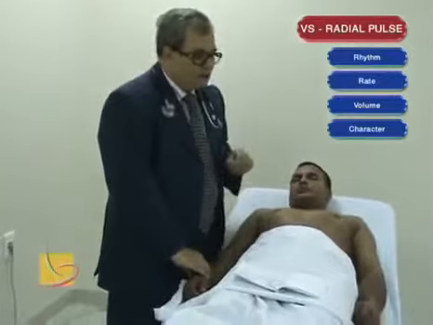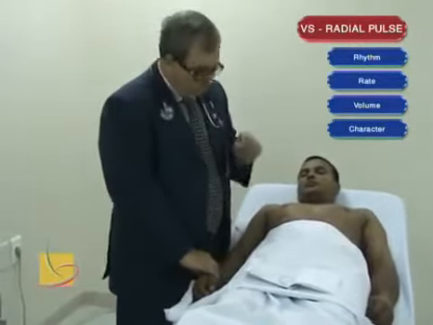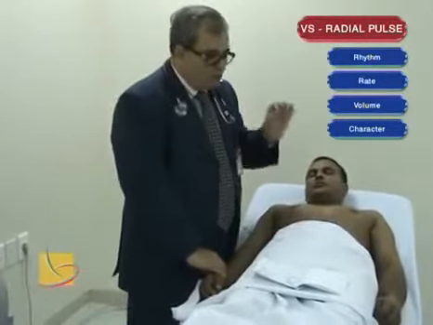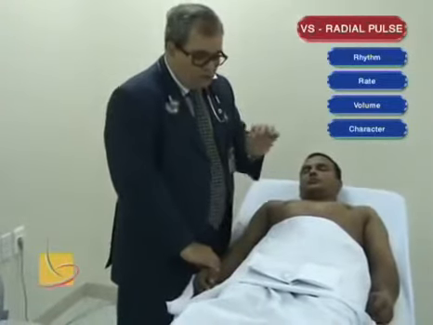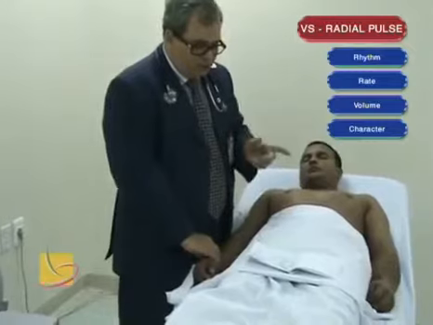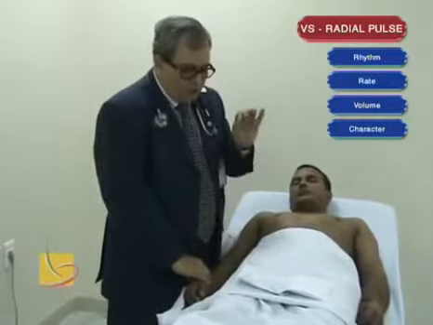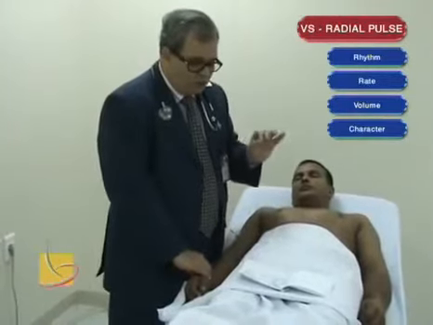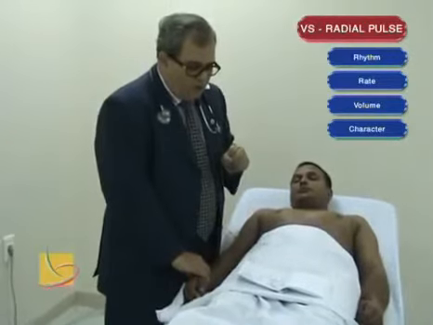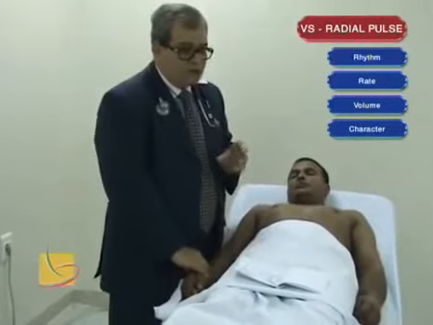In slow rising pulse, there will be low pulse volume, i.e. there will also be narrow pulse pressure when we measure the blood pressure of this patient, i.e. the difference between systolic pressure and diastolic pressure will be a small difference because of low systolic blood pressure due to aortic stenosis. Then a third type of abnormal pulse, which is pulsus paradoxicus.